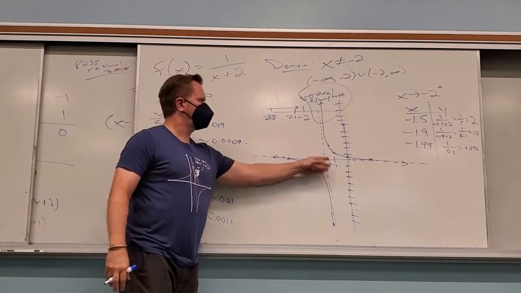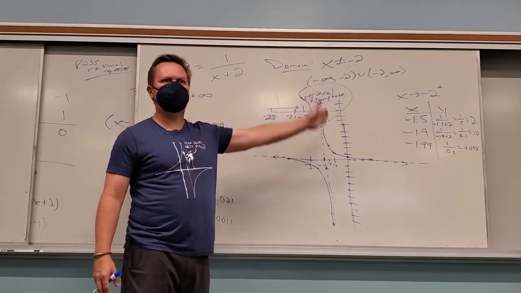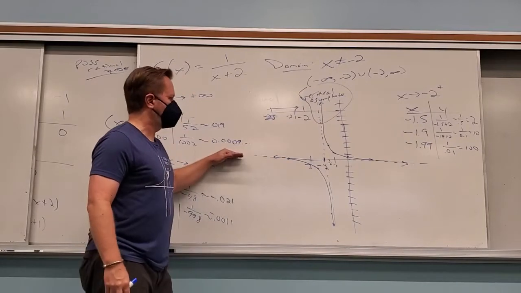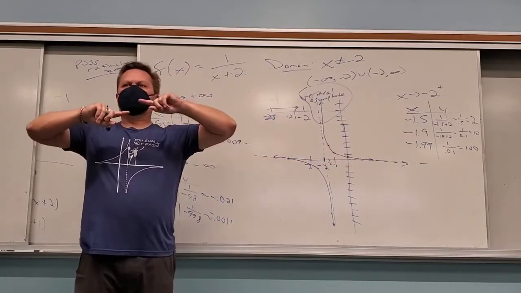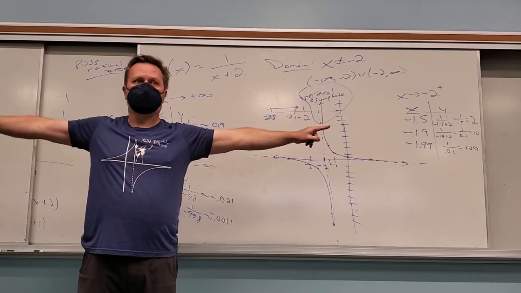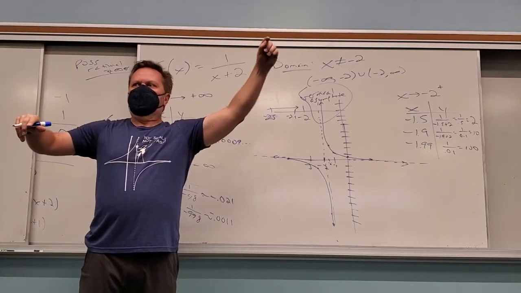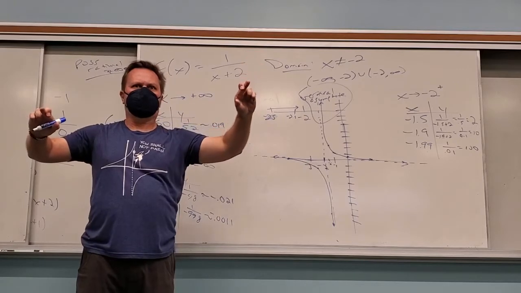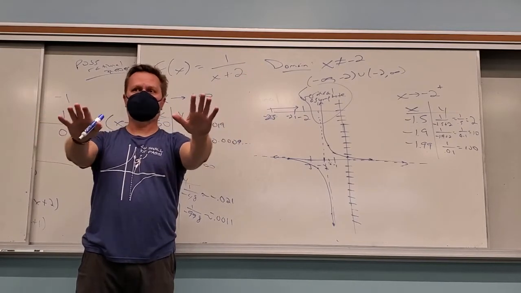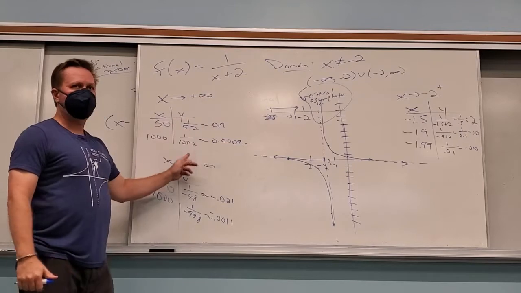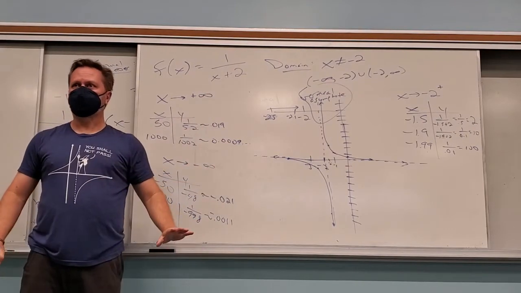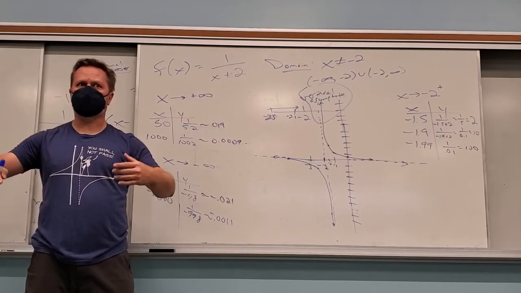X can't be negative 2, so I have to put a wall at x equal negative 2. And this one came from what happens when x gets really big. Does the function start to approach something? Okay. So thankfully, we're not going to have to make these tables forever. We can kind of generalize some stuff we just discovered.